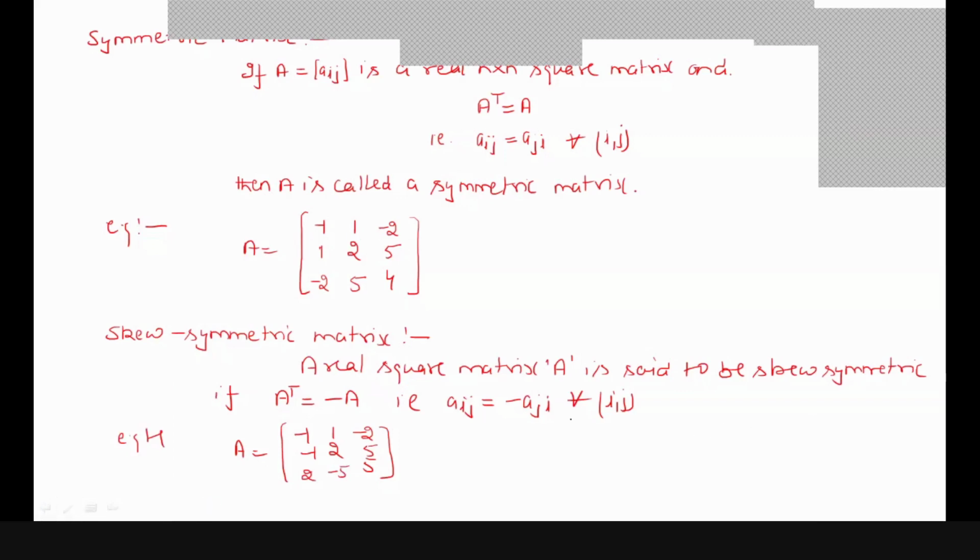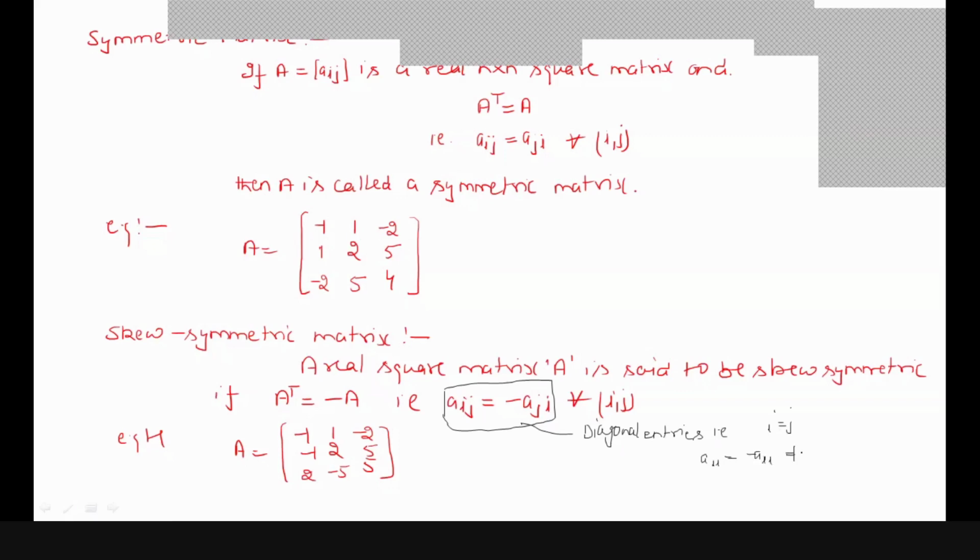Note this criterion for a skew symmetric matrix. It implies for diagonal entries, i should be equal to j, therefore Aii is equal to minus Aii.